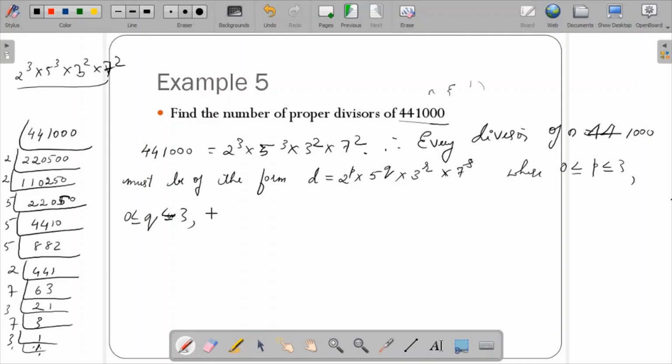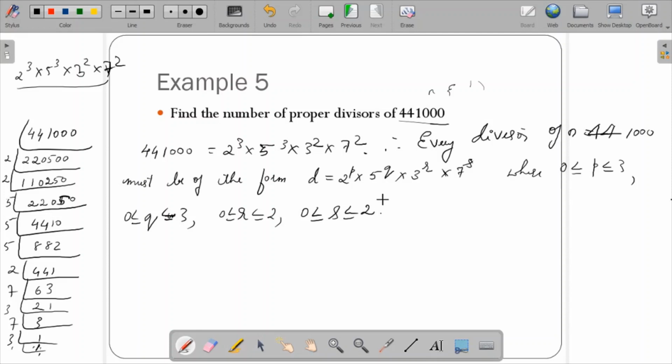And this is r, so r should range from 0 till 2, and s is again the same, 0 to 2. So it is ranging over here.